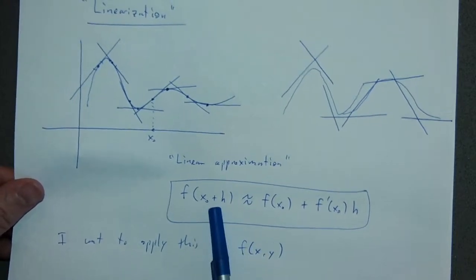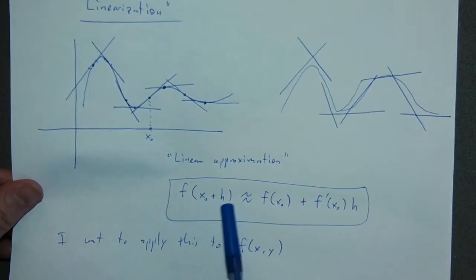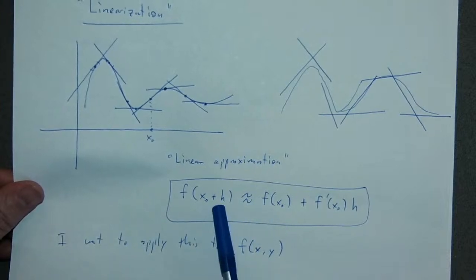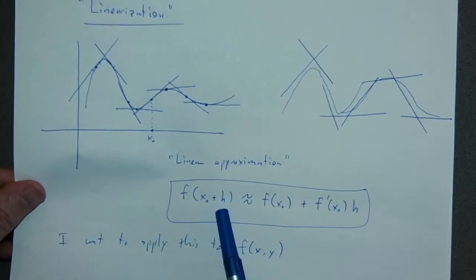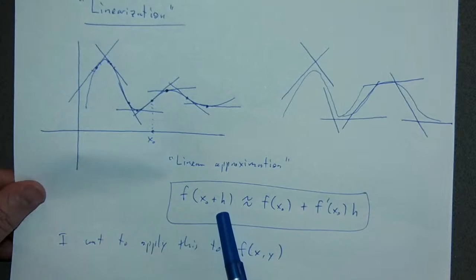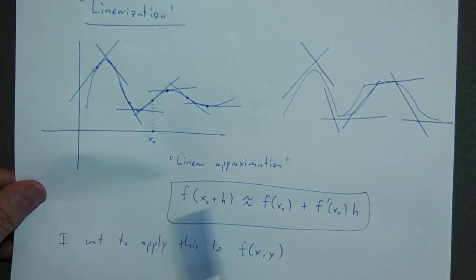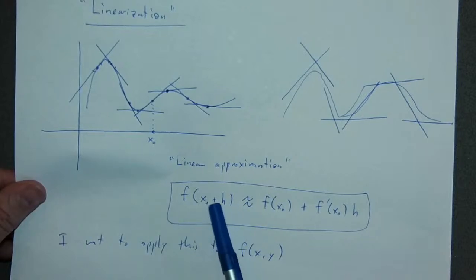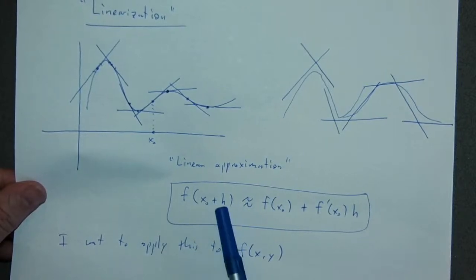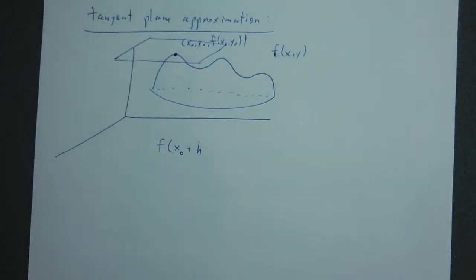I only had one variable to worry about, and so I incremented. And of course, this h can be negative and small as well, so I can increment or decrement. So this is a plus or minus h, if you really insist on h being positive.